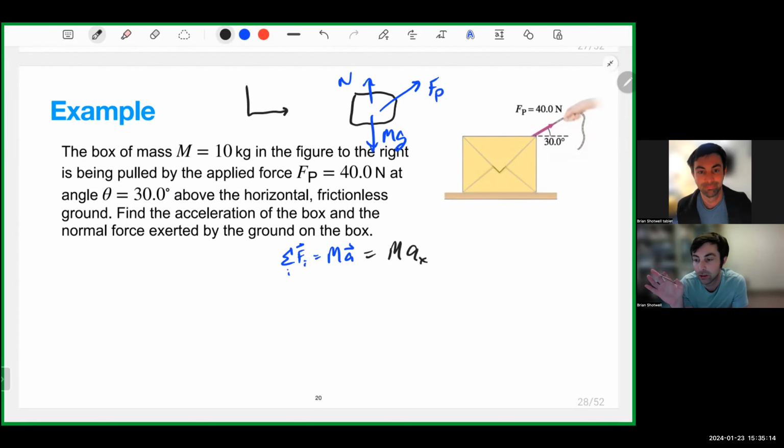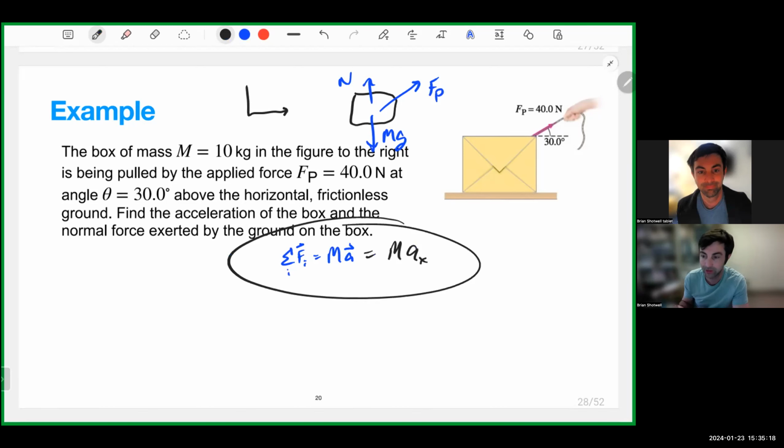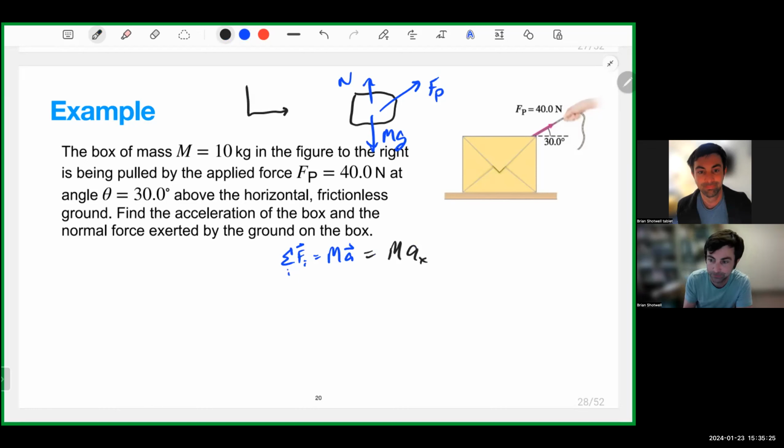Notice how I didn't need a coordinate system until I'm applying Newton's second law. Since I have vectors here and I have to deal with the separate components, I have to introduce a coordinate system. I didn't need one to draw a picture. I'm going to call this the x direction, this the y direction, and the acceleration is totally in the x direction, or i hat direction.